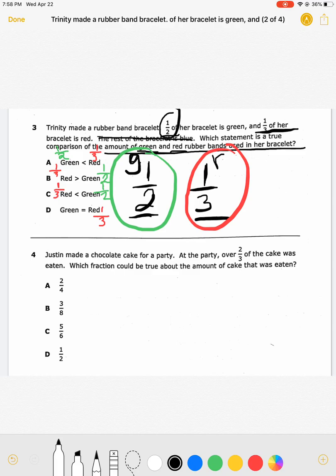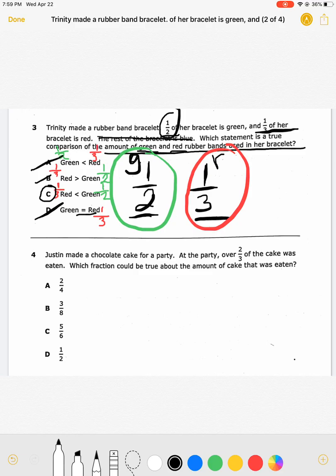And remember, the bigger the denominator, the smaller the piece. So 1/2 is going to be greater than 1/3, not less than. Red is greater than green for choice B. So this says 1/3 is greater than 1/2. No. 1/3 red is less than 1/2 green. Yes. And choice D says these are equivalent fractions, and that's not true.